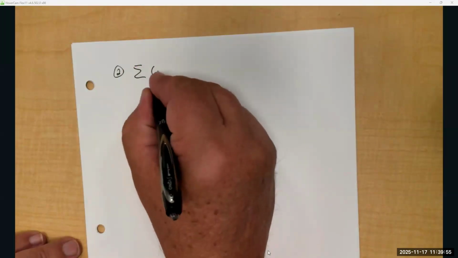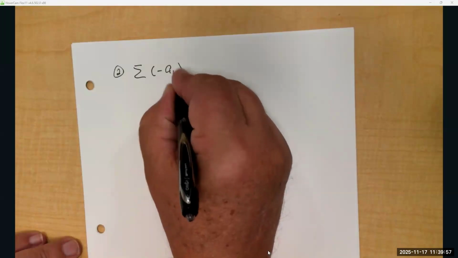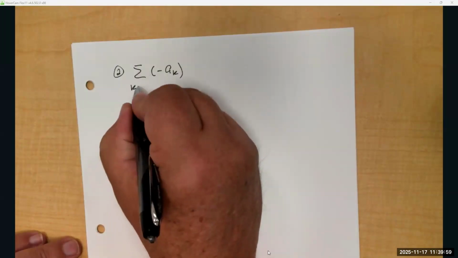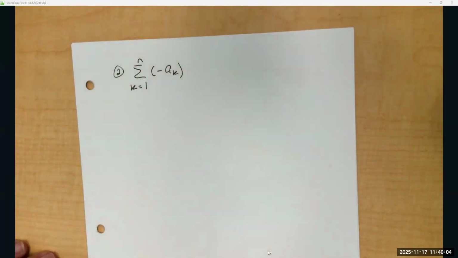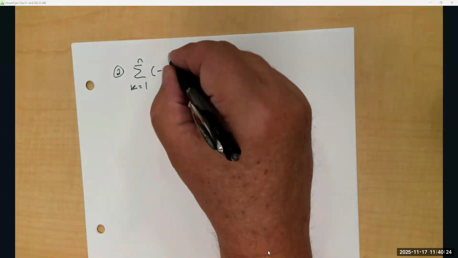Summation of negative a to the base x. So it's indexed from 1 to n. What do you think you do in this one? The only thing that's indexed is this.